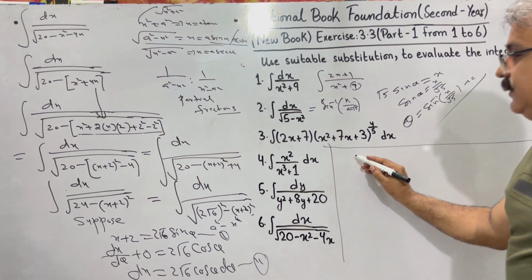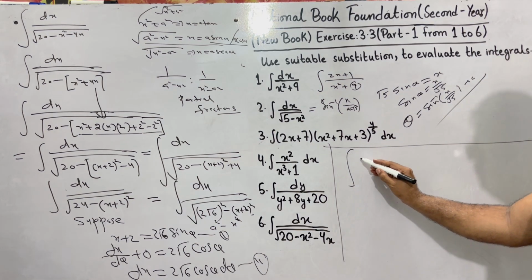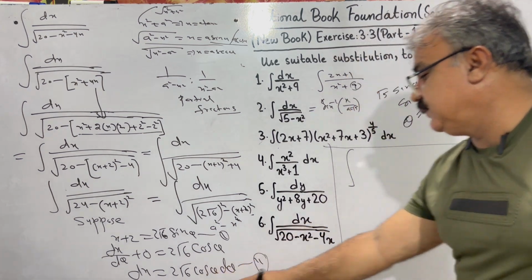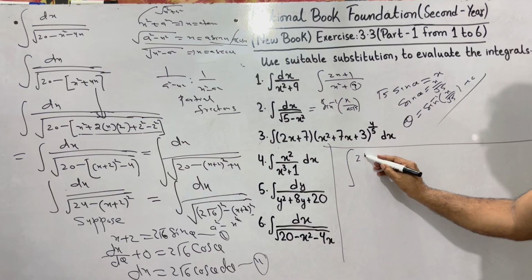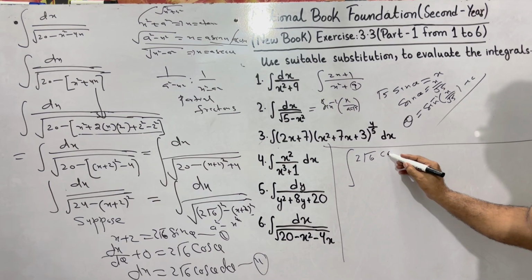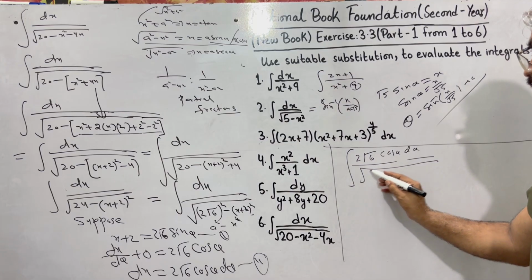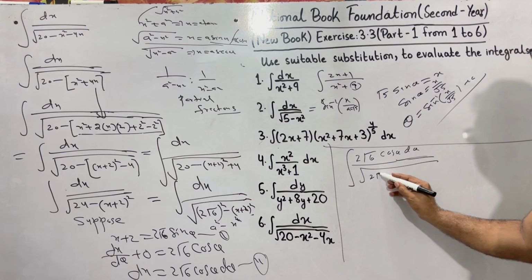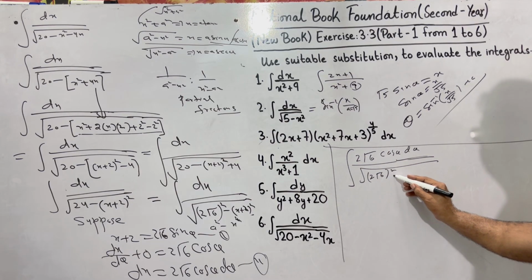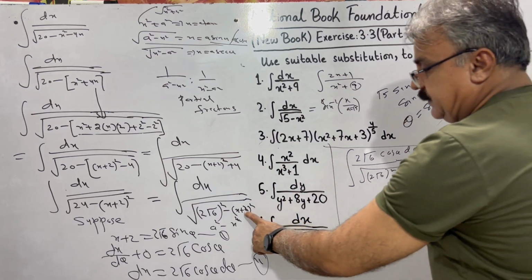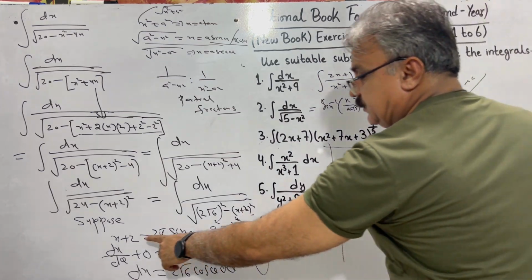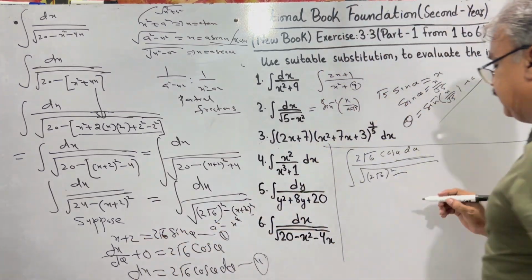Here, put the values. dx means 2 times root 6 cos theta d theta. Overall, 2 times root 6 square minus, instead of this x plus 2, we have assumed x plus 2 is equal to 2 times root 6 sine theta.